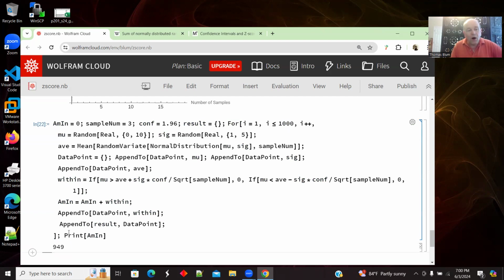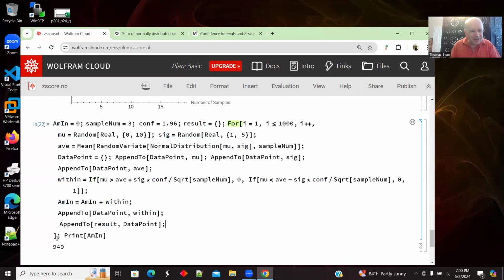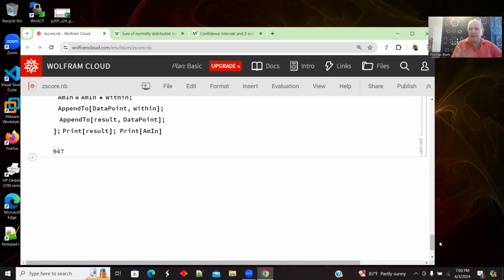Okay. If I want to show you all those things I'm collecting, I can do the print of a result. Another semicolon in there. And then this is going to give me the 1,000 of the list of lists and all the individual values. The main thing that takes longer is the printing.